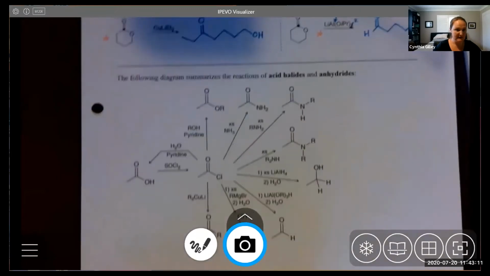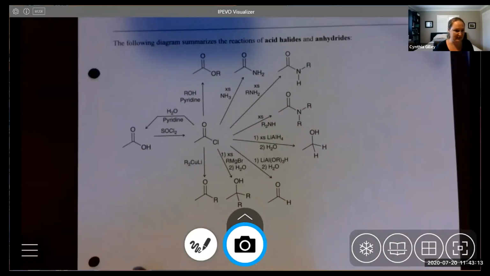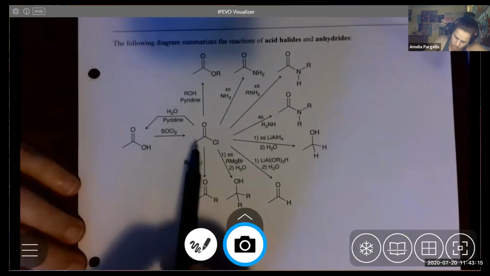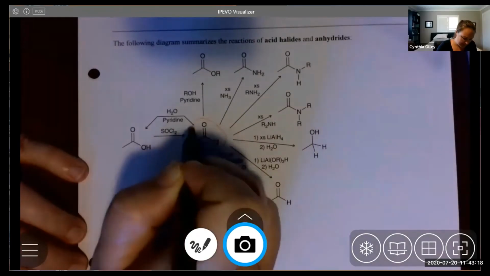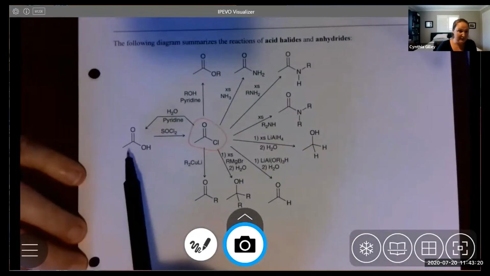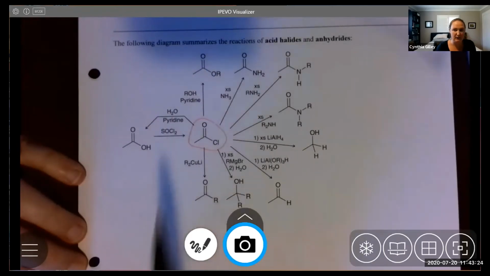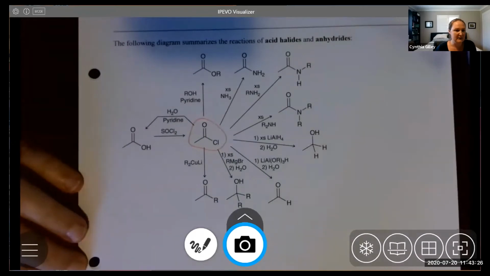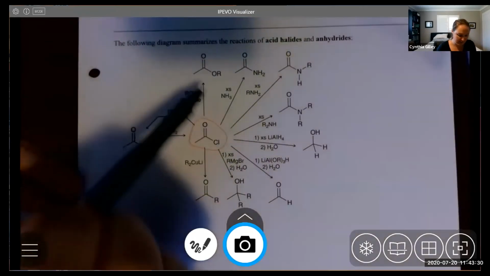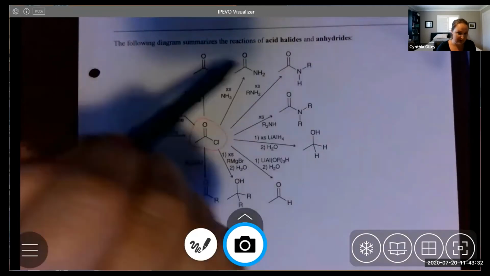So here is the summary, right, of the reactions of an acid chloride or an anhydride. Remember, we make them from carboxylic acids using thionyl chloride, SOCl2, and then a variety of functionality that we can make from that, right?